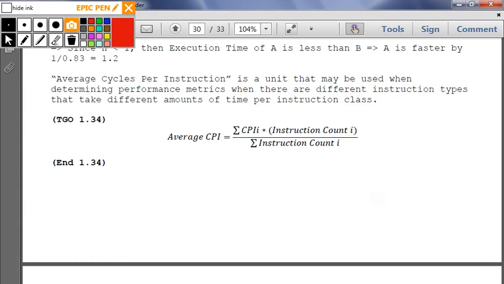So I can come up with a brief problem like this. Let's say I have 1,000 floating point instructions with a CPI of 1.2, 500 branch instructions with a CPI of 1.4, and 250 arithmetic instructions with a CPI of 1.6. What I would do here is 1,000 times 1.2 plus 500 times 1.4 plus 250 times 1.6, divided by the summation of 1,000, 500, 250 for the number of instructions.